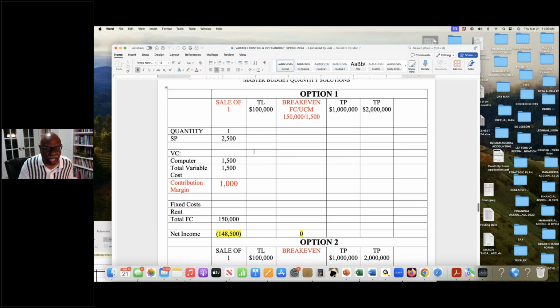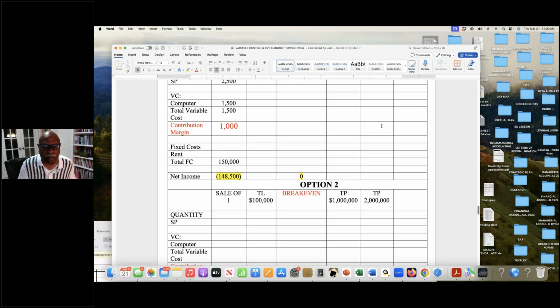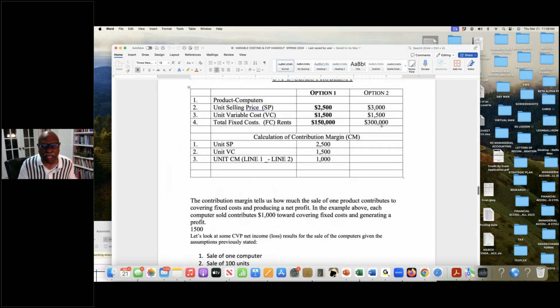If there's a target loss, how many do I have to sell to produce a target loss of 100,000? How many do I have to sell to break even? How many do I have to sell for a target profit of $1 million and a target profit of $2 million?